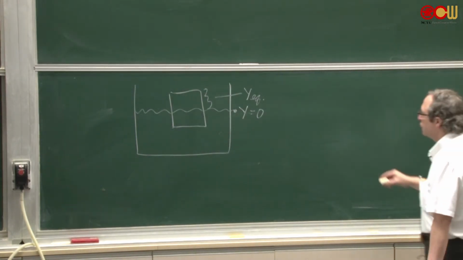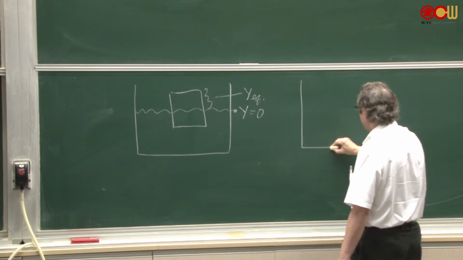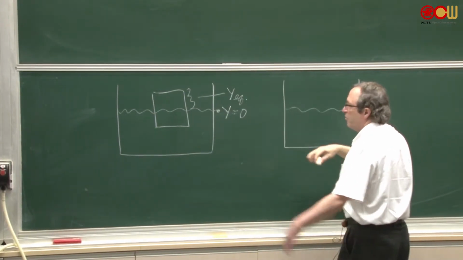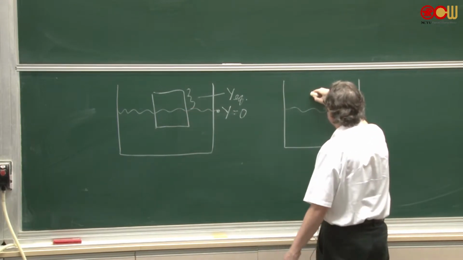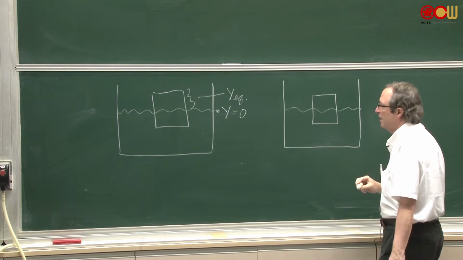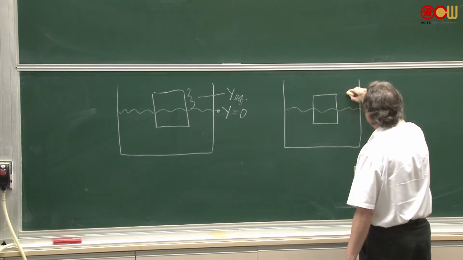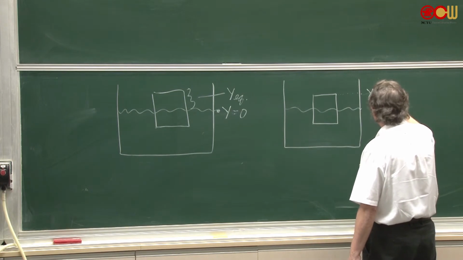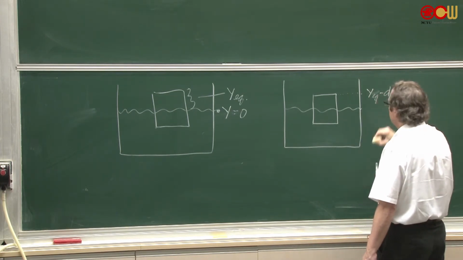The second picture is this picture. We press down on this at distance d. Okay, so now this point here is y equilibrium minus d.